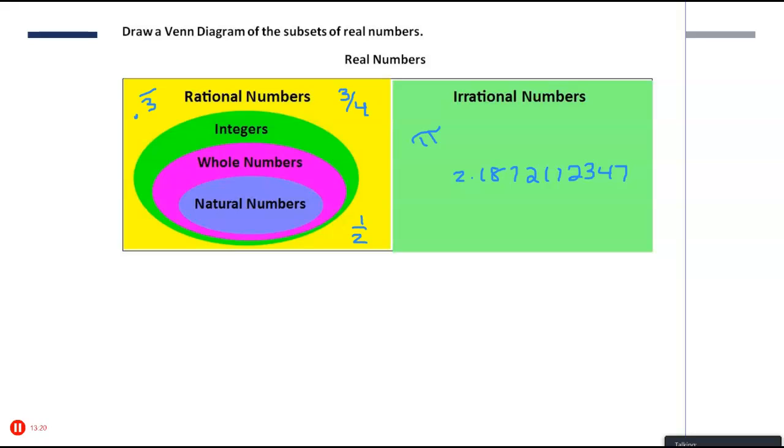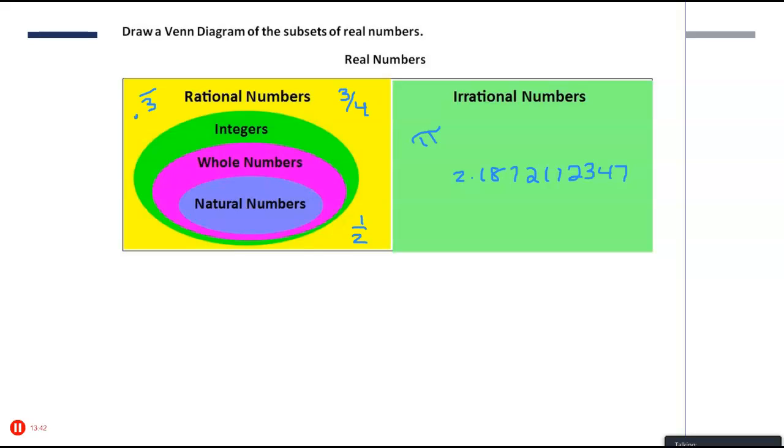Then the rationals get even smaller. So you could have a number that's an integer. If a number is an integer, it is also rational. Does that make sense?